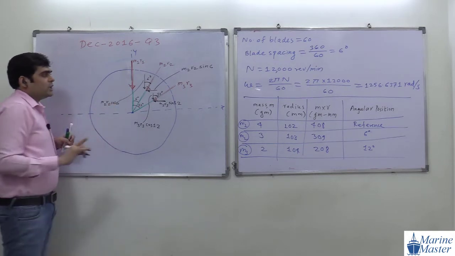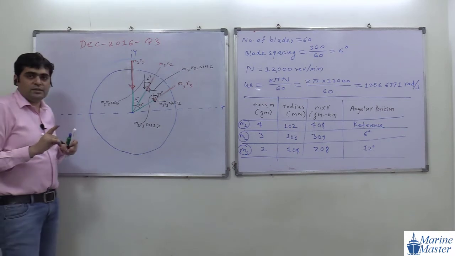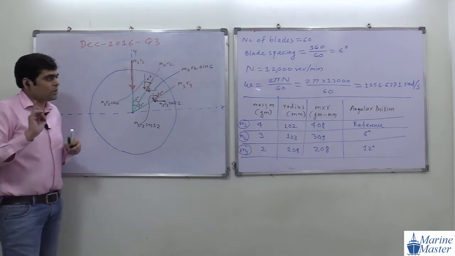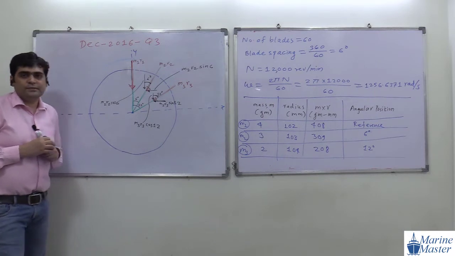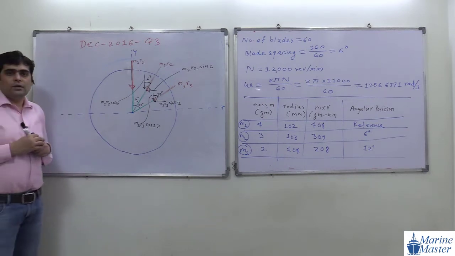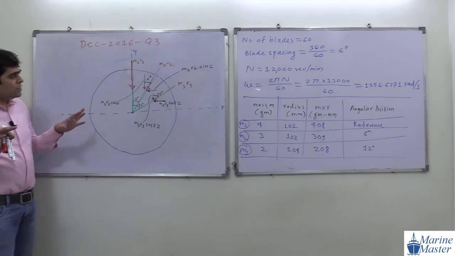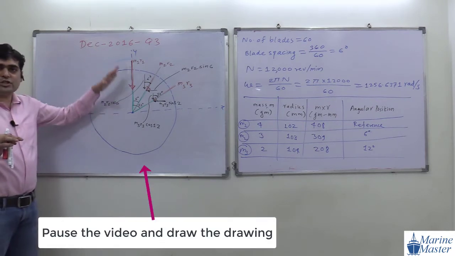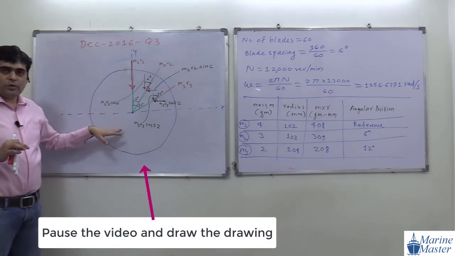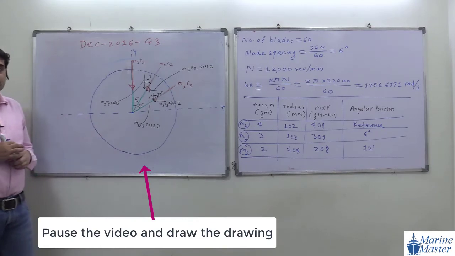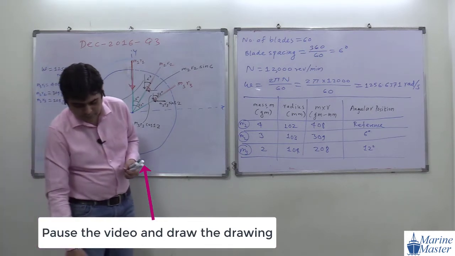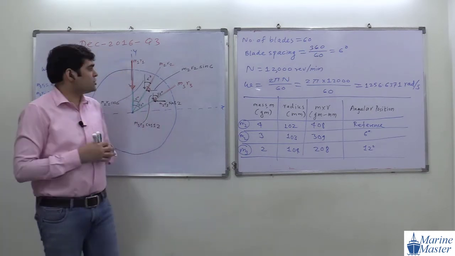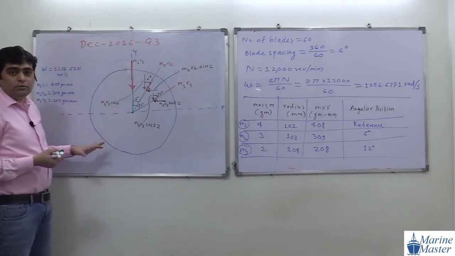Okay. Are you getting my point? Any doubt in these components? Okay, good. So first of all, try to draw this drawing properly. Any doubt in this discussion? Is everything okay till now?